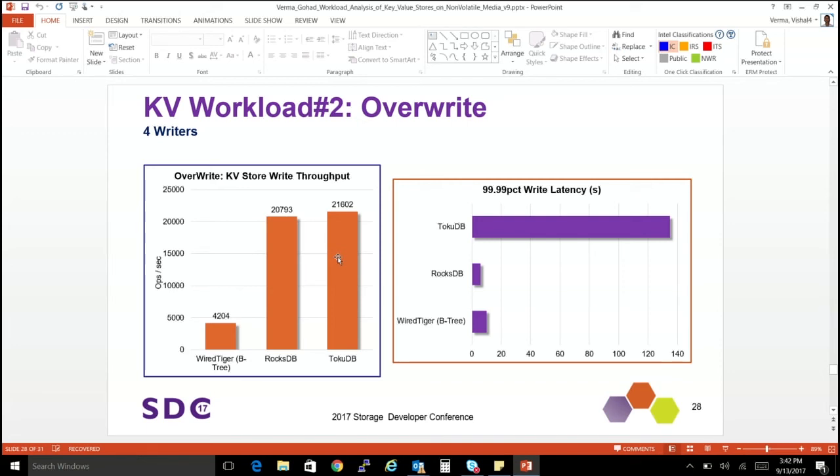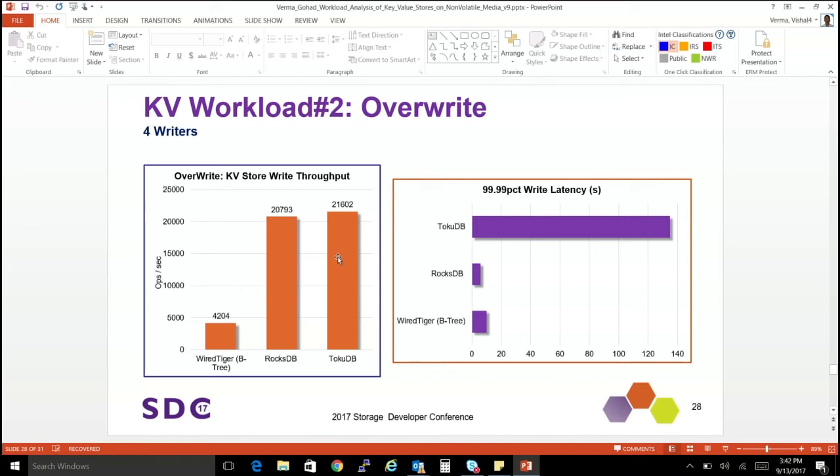So there can be a question: how optimized were my key-value stores when we ran this? We got the latest versions. For the benchmarking, we started with everything as baseline, so there were no optimizations for any of the key-value stores.